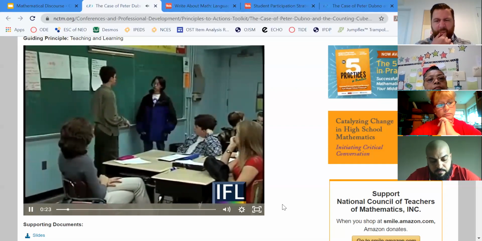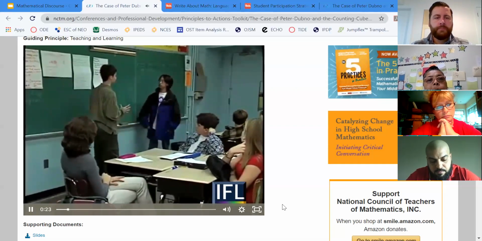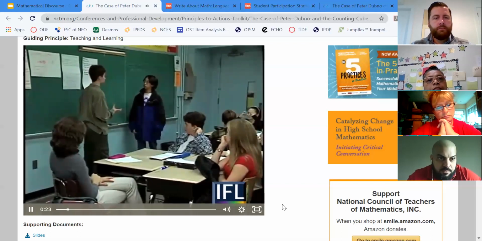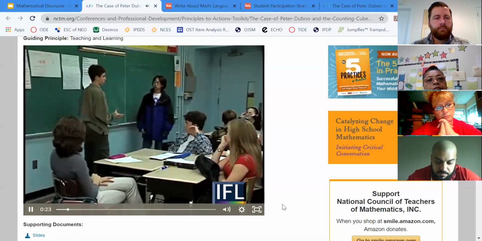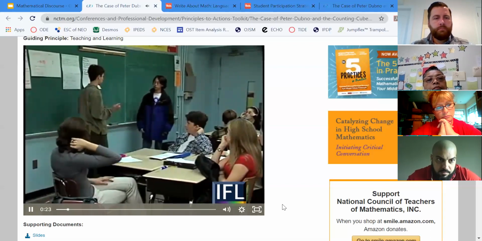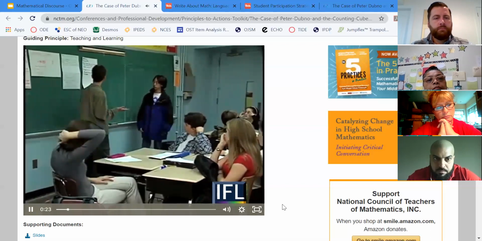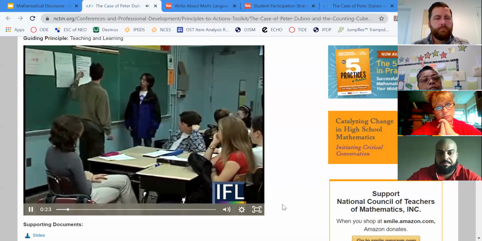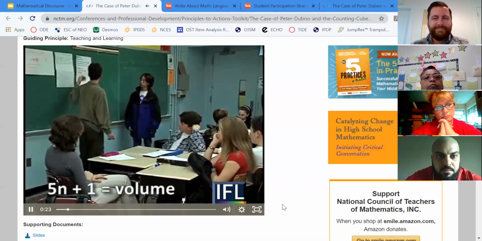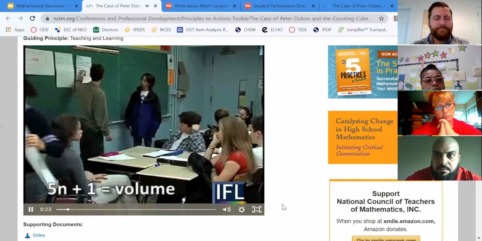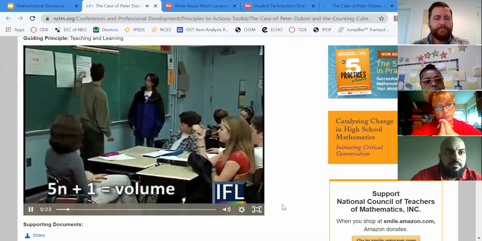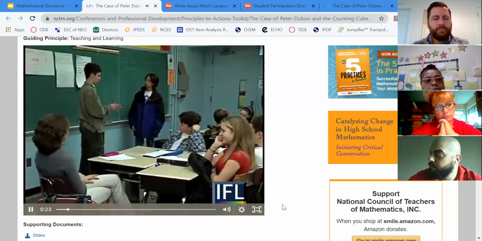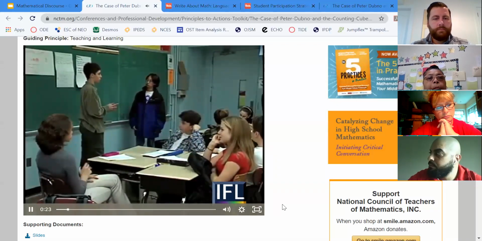So our pattern was that every time you add a cube to each arm, the total volume increases by 5 cubic centimeters, which I think was 5 cubes, whatever you want to call it. And then our equation was that 5n plus 1 equals the volume, and n equals the length of one individual arm. So that, like, this is the middle cube, excluding the middle cube.